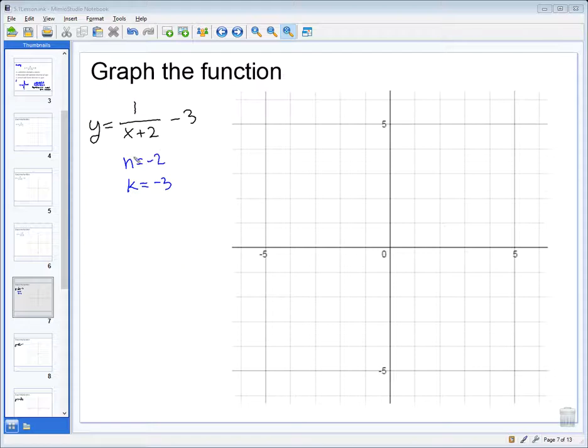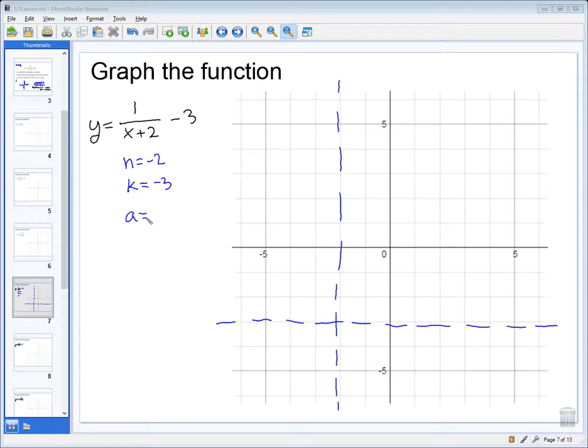This means the vertical asymptote has now shifted to the left 2 spots, and our horizontal asymptote, instead of being right here along the x-axis, is now down 3 spots.